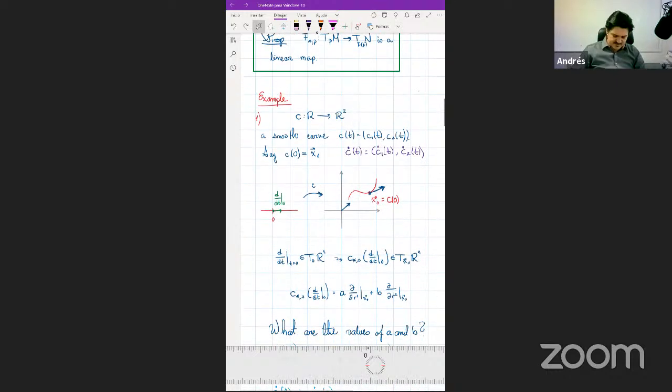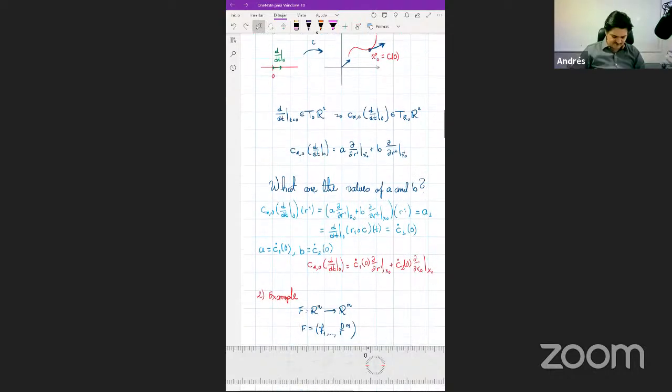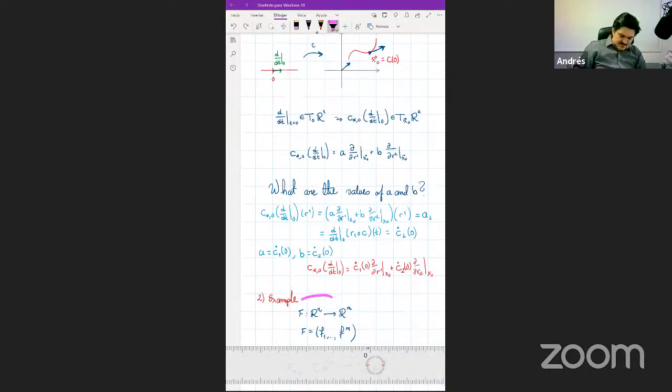Well, let's look at the other one. So I'm considering now this function. So we're going to compute the differential at a point and see that it is very much related to what you know from multivariable calculus. So I have F as a smooth function between Rn and Rm. And so I write, let me just be consistent with this.